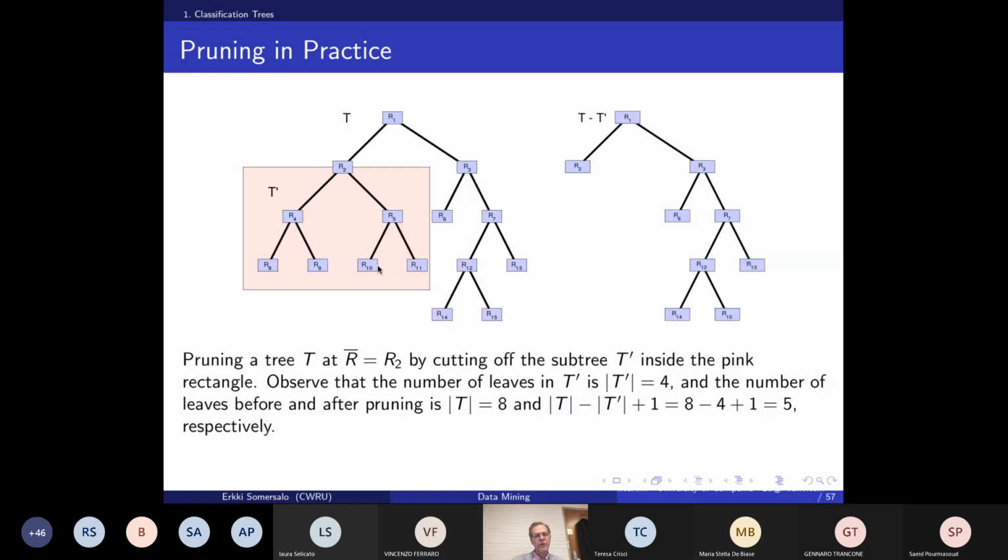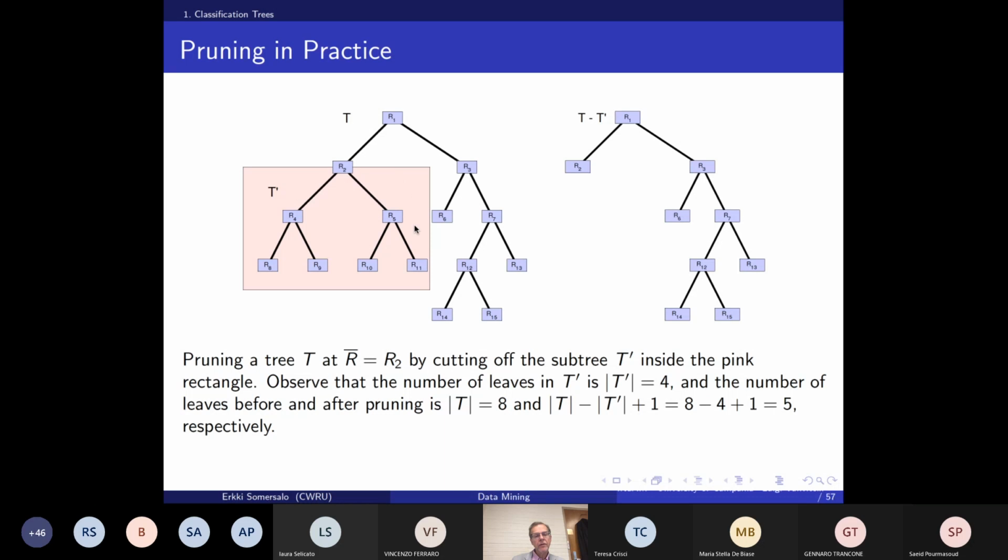So here is the same picture again. This is my T, the original tree. Now T prime is the tree that has this R2, which is my selected R bar, as a root. So I select one node and I look at the tree that is below that rectangle. Therefore this selected rectangle R bar, which in this case is R2, is the root for this tree T prime.